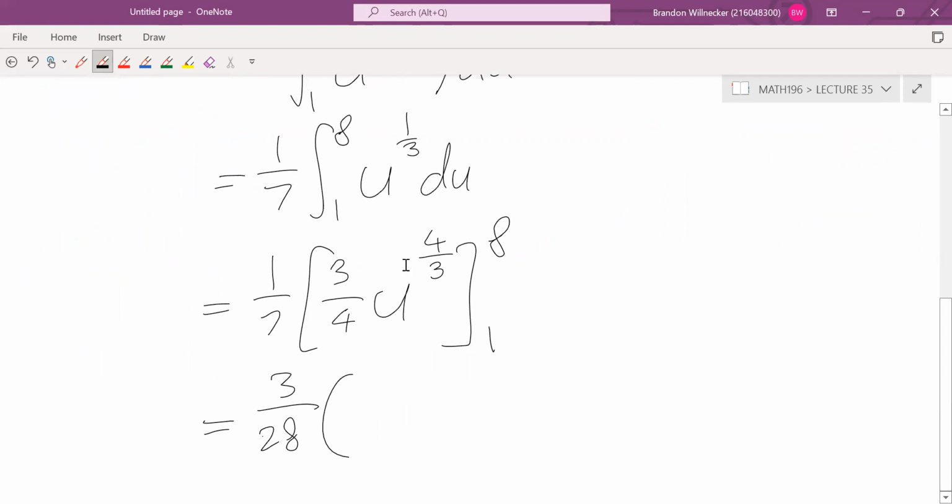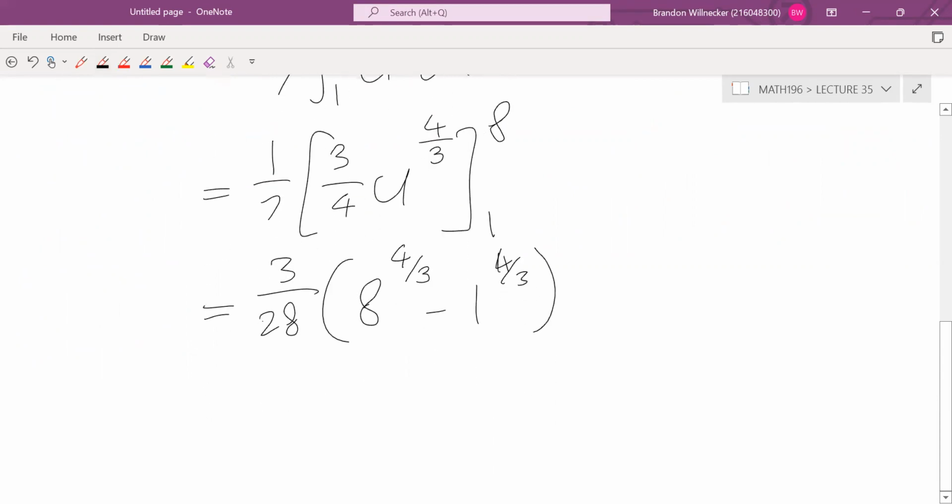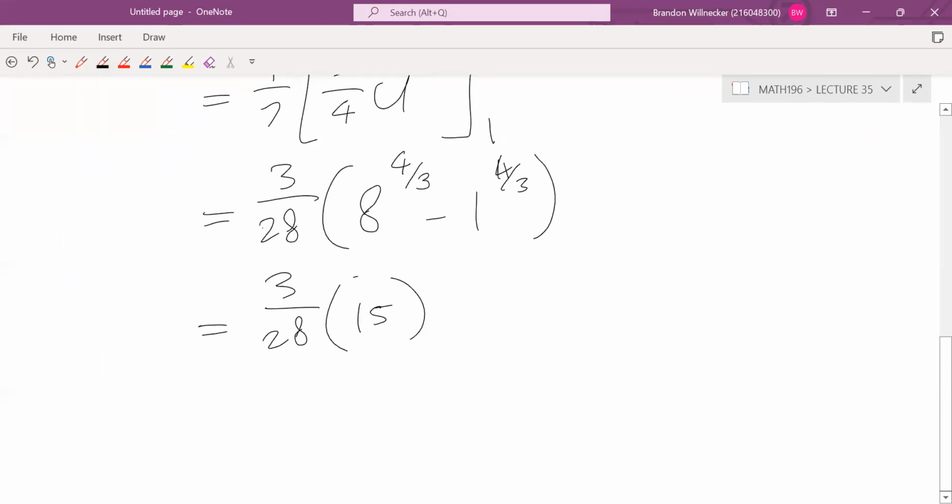Then we substitute the upper bound, so that's 8 to the 4 over 3 minus 1 to the 4 over 3. Okay, so that's going to be 3 over 28 times 16 minus 1, that's 15. So we end up with 3 times 15, that's 45. So we have 45 over 28.